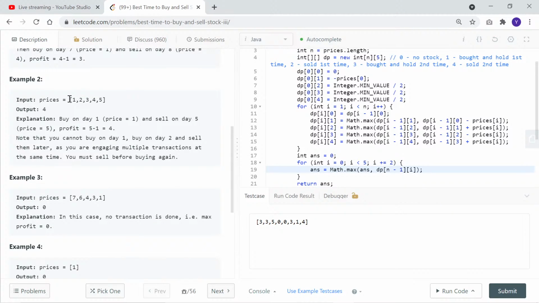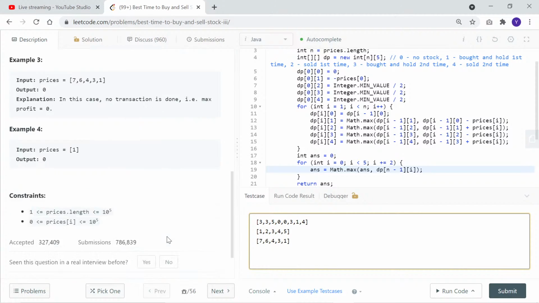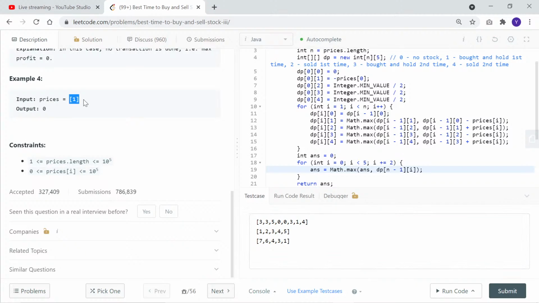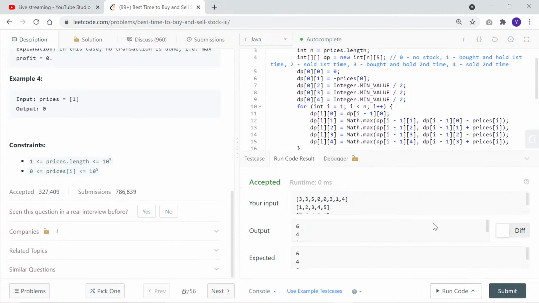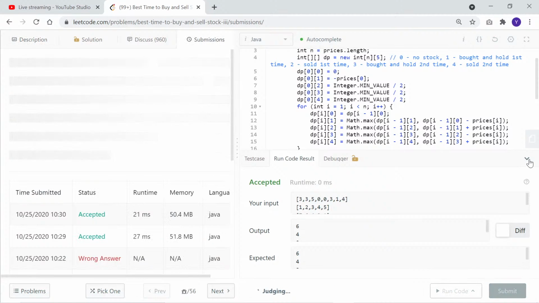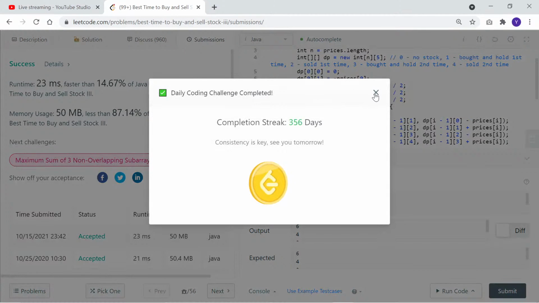Let's check a few examples to see if it's correct.